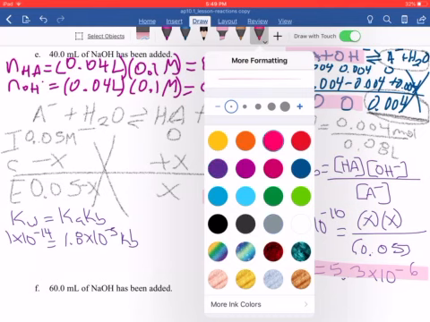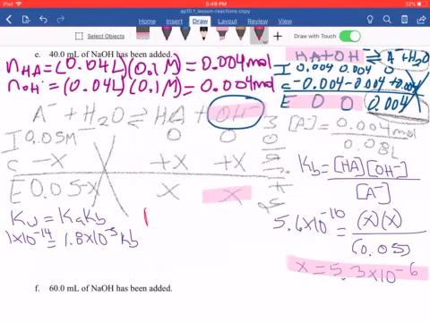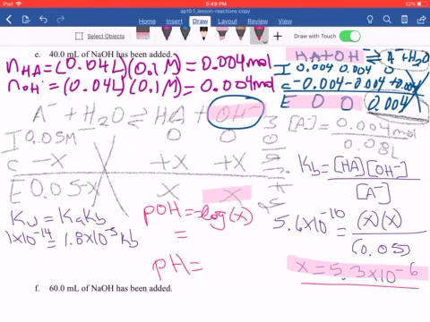So I'll do this in bright pink. Right, so pOH is the negative log of our x, and our x, remember, is 5.3 times 10 to the negative 6th. So our pOH equals approximately 5.28.